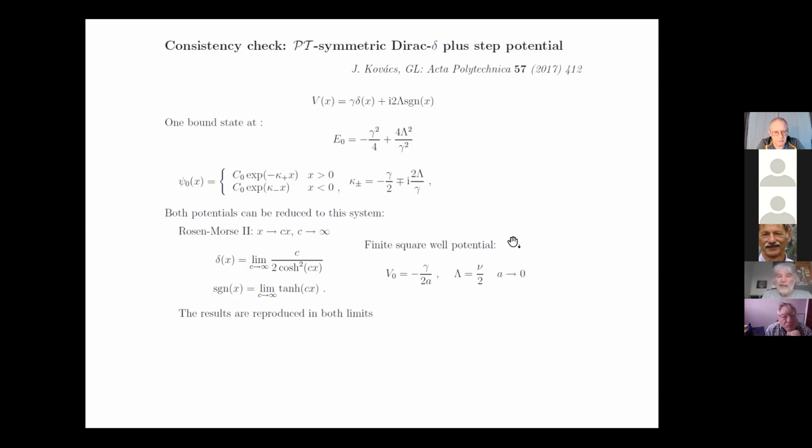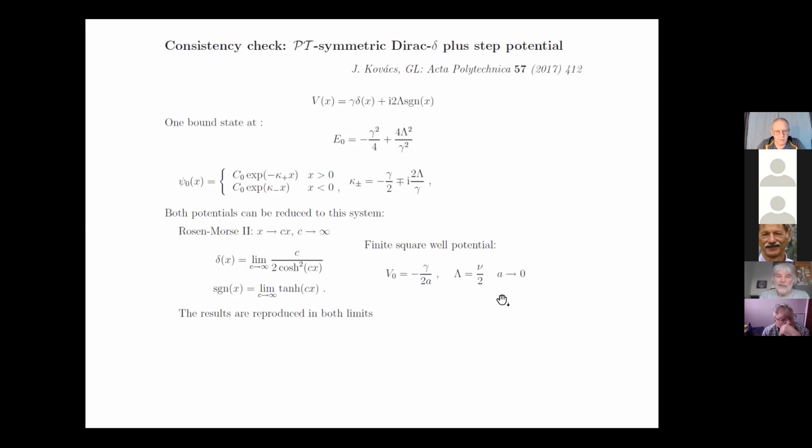In the case of the finite square well potential, you can also play around with a limit situation. If A, which determines the size of the hole, goes to 0, you will have an infinitely deep and infinitely narrow real potential, which is exactly the Dirac delta.